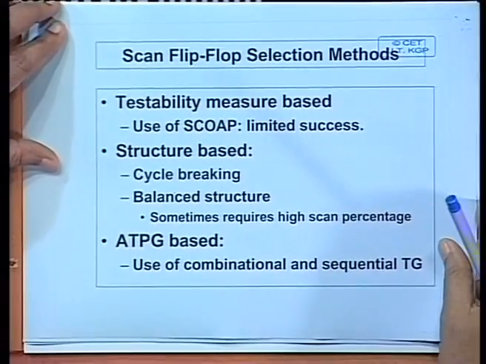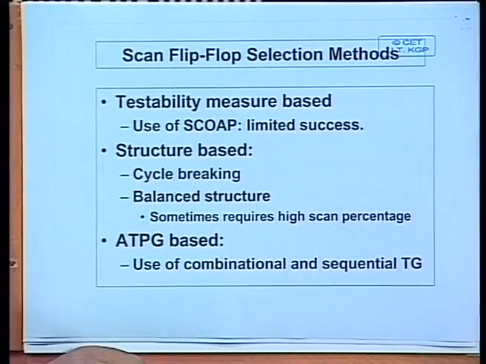So, the difficult ones we convert into scan, the not so difficult ones we leave as it is. So, our idea is we have a sequential circuit with flip flops all right, but with respect to sequential ATPG that will be not much of a problem, because the problem cases we have eliminated. Okay. So, there are a number of different techniques which have been proposed for selecting these scan flip flops.